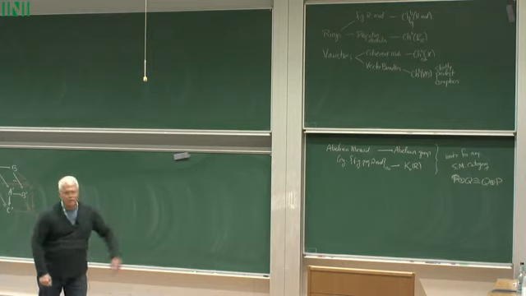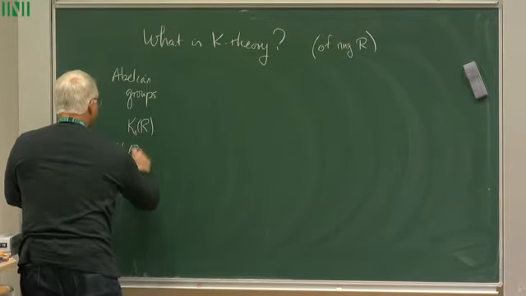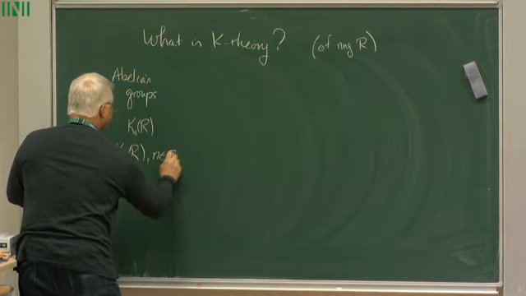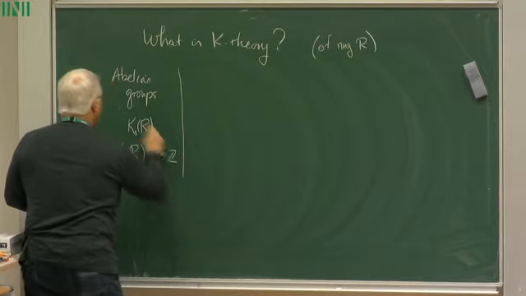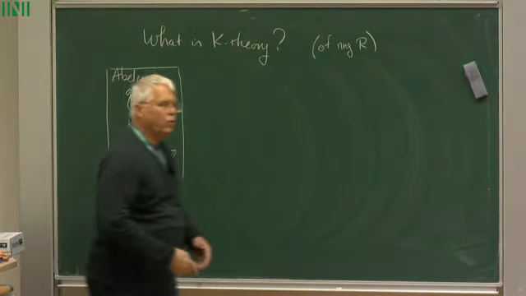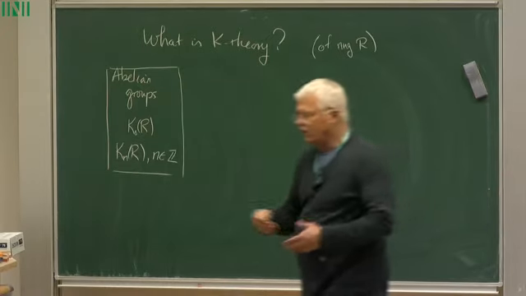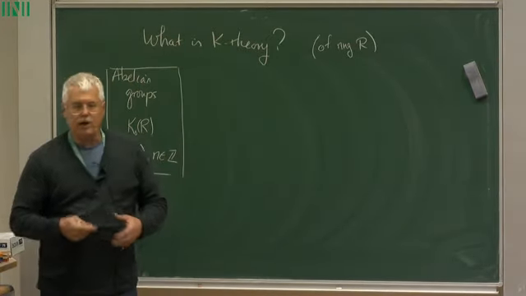Yes, I did. Okay. But you also get groups Kn of R for all integers. So this is one way to think about algebraic K-theory. It's a sequence of abelian groups that fit into exact sequences and diagrams and whatnot.